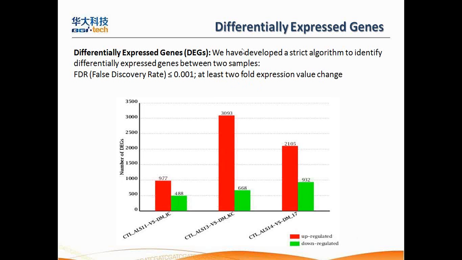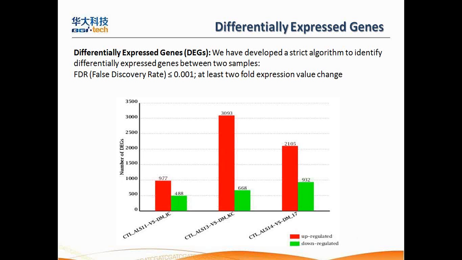That means the RPKM or FPKM value of this unigene in sample A and sample B should be at least twofold different. Then we will think this is a differentially expressed gene, and we will screen it out as a candidate gene.